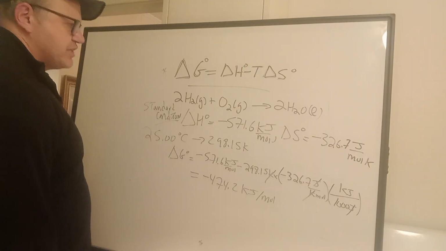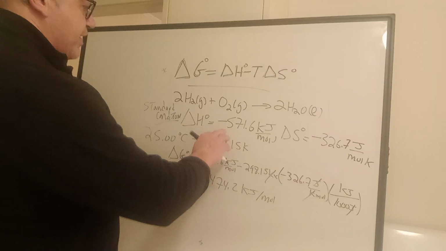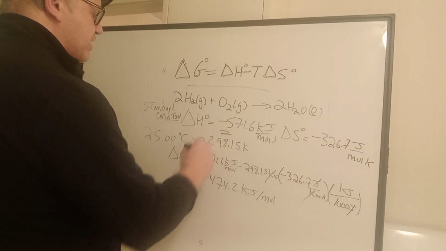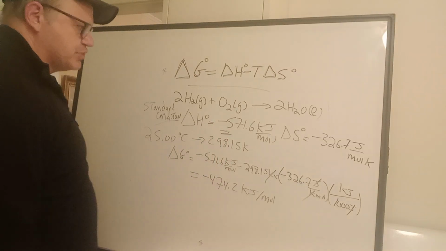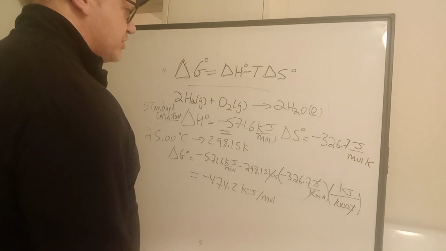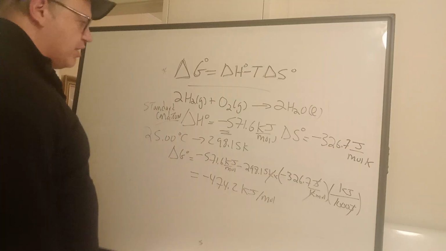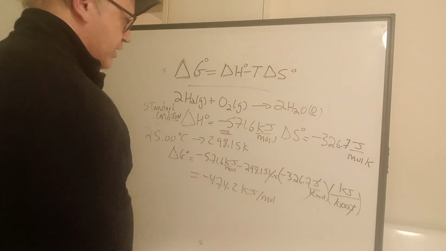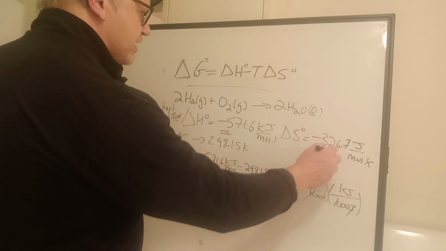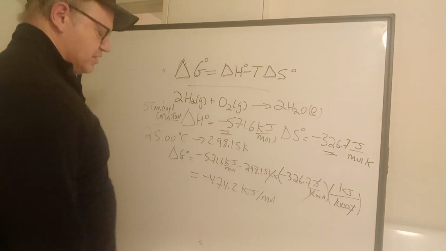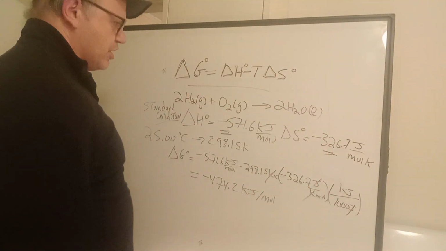Let's look at this process. It has one thing working in the favor of spontaneity, and that's the negative delta H, which means it's exothermic under these conditions. Conversely, because we're going from 3 gas molecules to liquid, we have a negative delta S working against us.